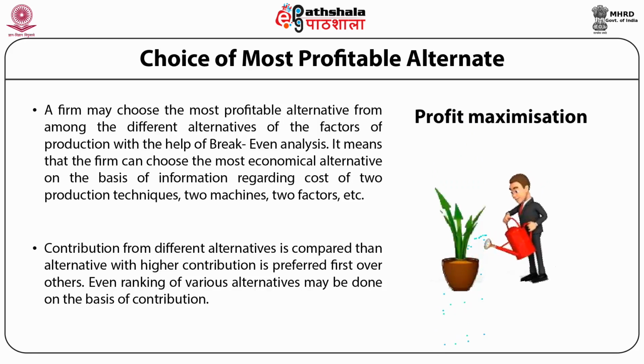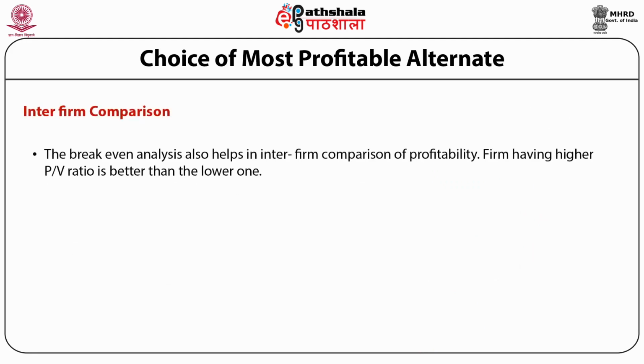Even ranking of various alternatives can be done on the basis of their contribution. The break-even analysis also helps in inter-firm comparison of profitability. The firm with a higher PV ratio is considered better than the firms with low contributions.